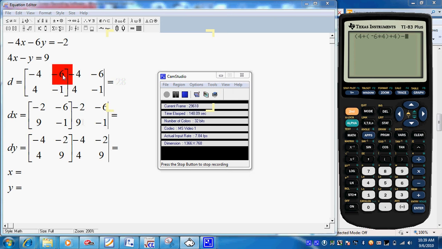We're going to go down the other way, which will be minus 6 times 4, because it goes down this way.